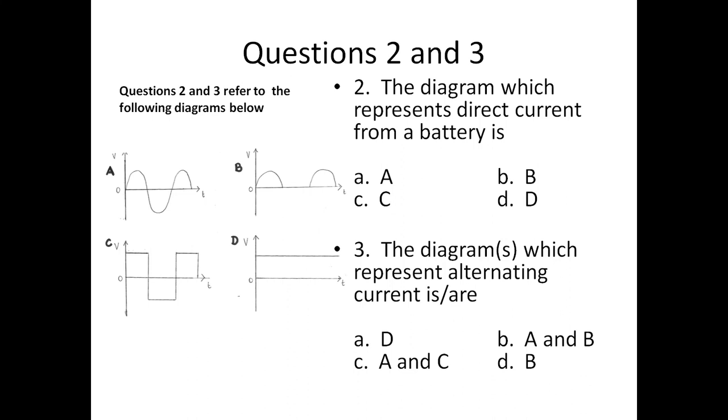The diagrams which represent alternating current is or are A, D, B, A and B, C, A and C, D, B. Alright, so look at them carefully and pick the diagram or diagrams which represent alternating current.